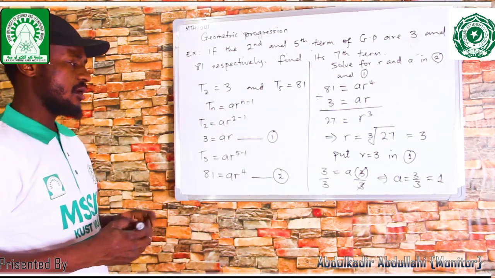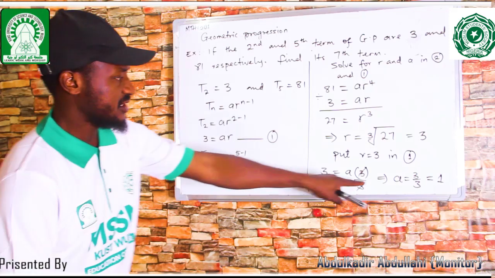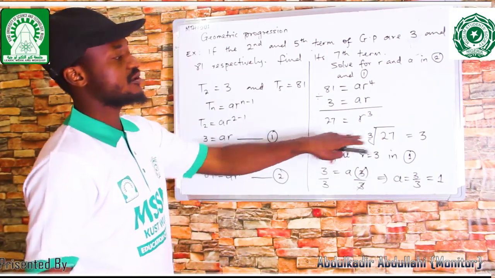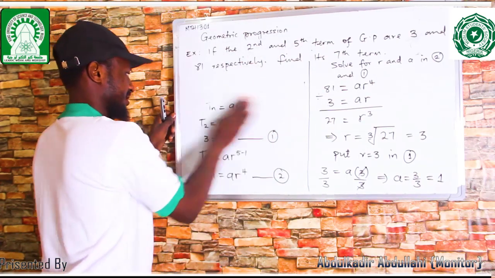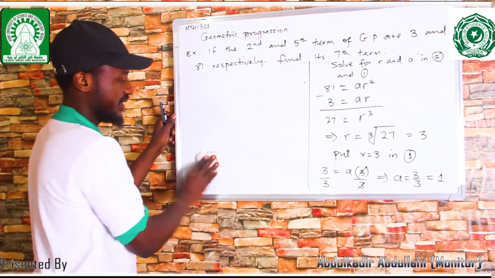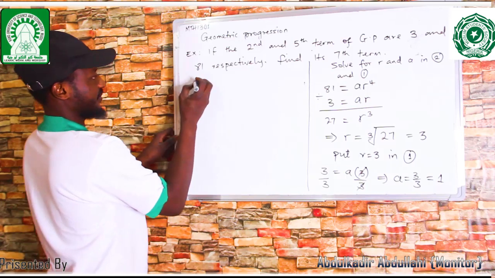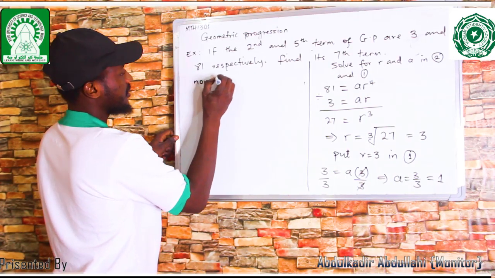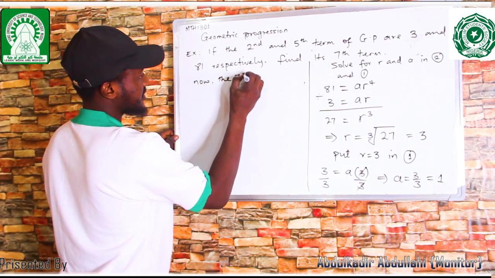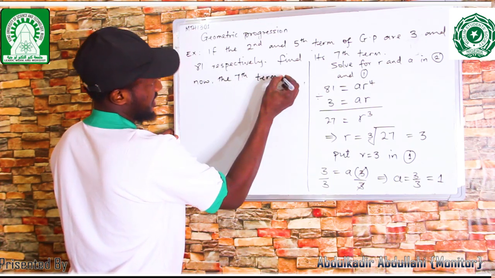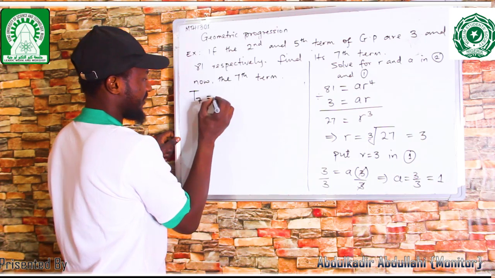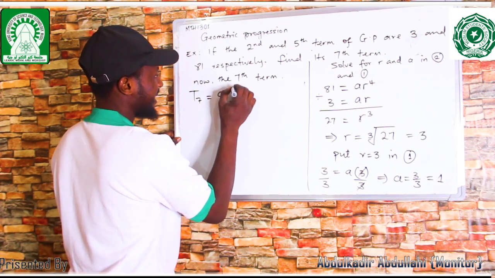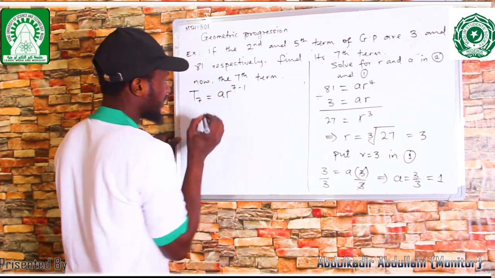So now we have our A, which is the first term, as 1, and our R, which is the common ratio, as 3. The next thing is just to find the seventh term by the use of the formula also. Now the seventh term, that is T of 7, applying our formula A R^(n-1), and our n is 7 minus 1.